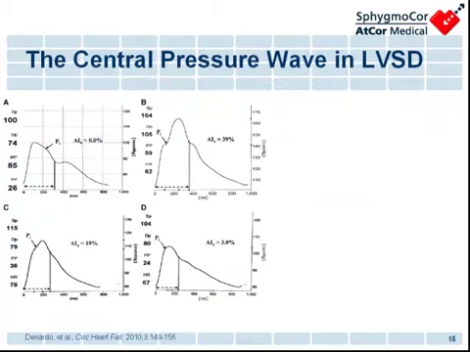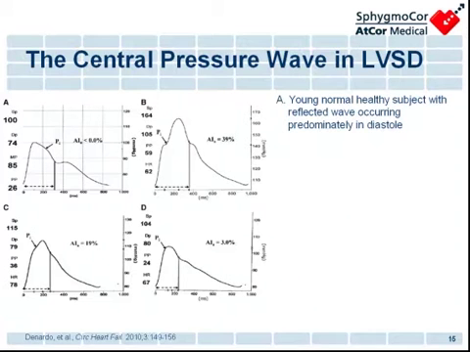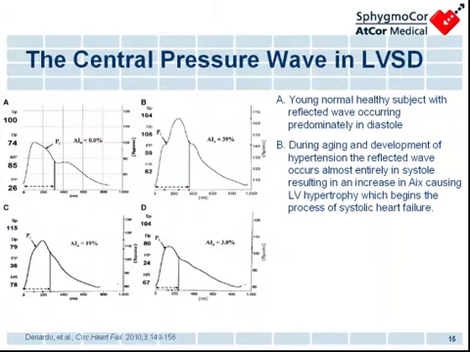So we can see again the natural evolution. We have a person in A, a young, healthy, normal person with a nice, rapid upstroke, no augmentation index, no bump that was described. Nice, normal, good diastolic filling, a lot of diastolic time for filling the coronaries, a very healthy waveform. B is somebody who's getting a little bit older. Blood pressure goes up.